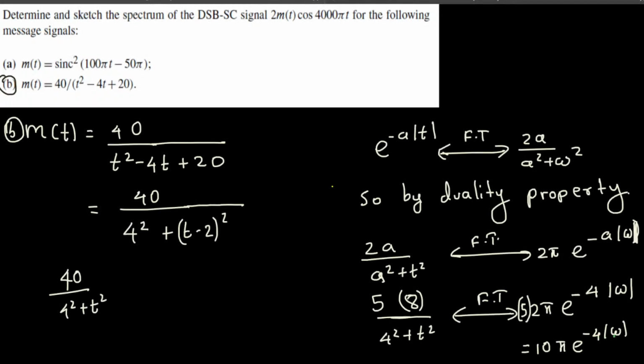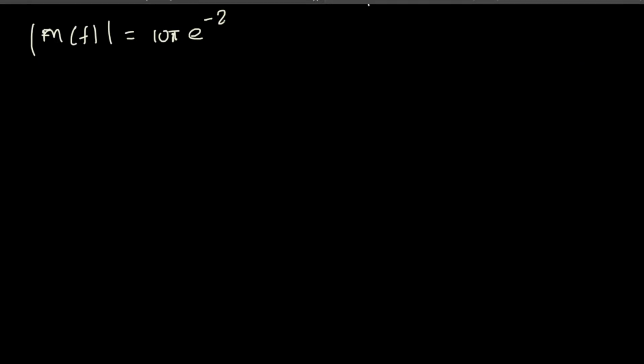If you multiply this one by 2 pi f, then this is going to be minus 2 times 4, that is minus 8. 2 times minus 4, that is minus 8. Pi times f, minus 8 pi times f.